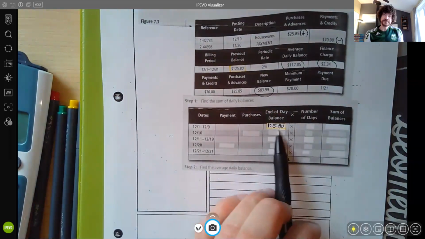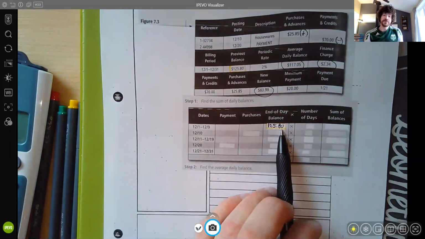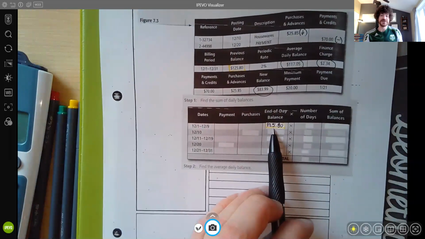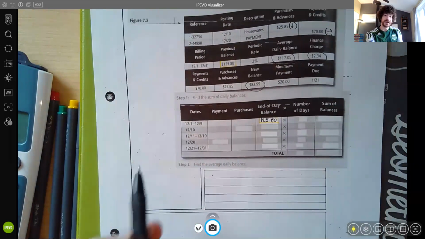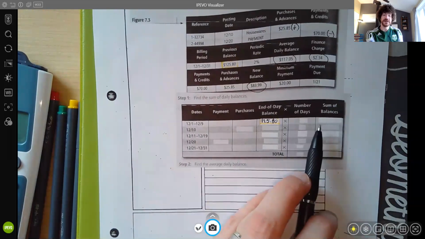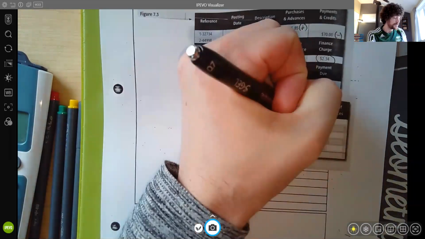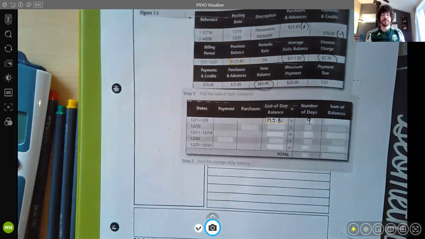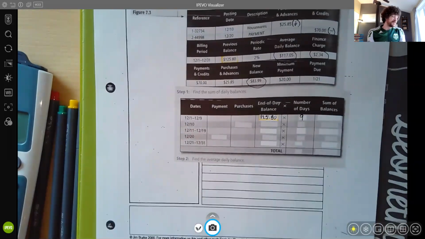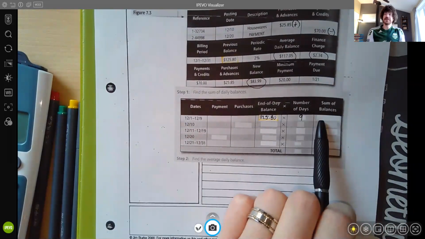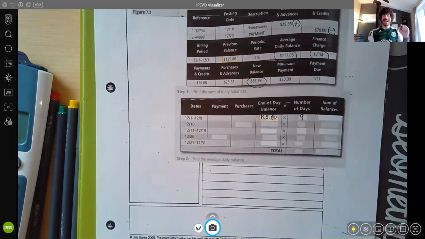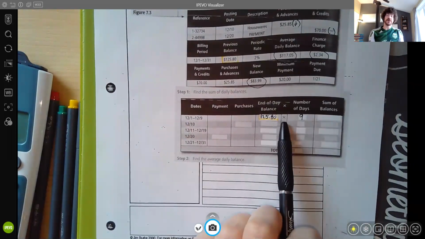And so the number of days to start off the month where there was a balance of $125.80 was the first 9 days of the month. So number of days is going to be 9. Now the sum of the balances is going to be every single one of those days added together, or in this case, 125.80 times 9 days.